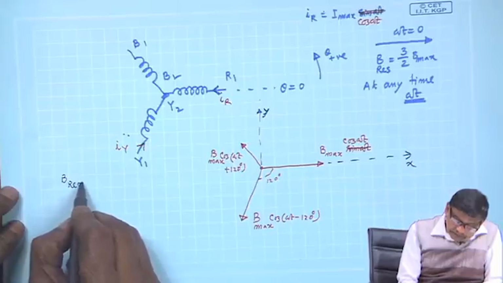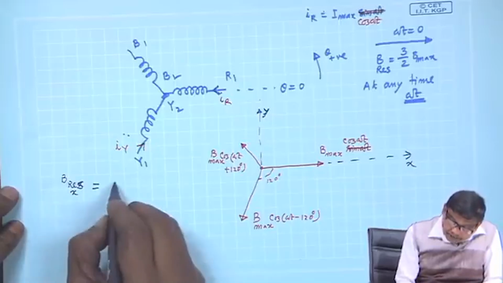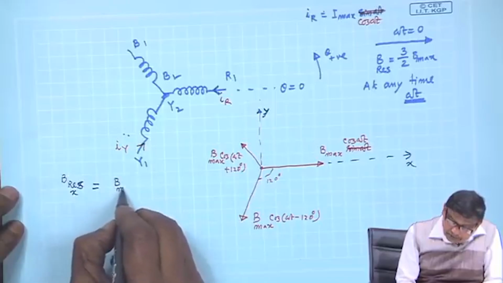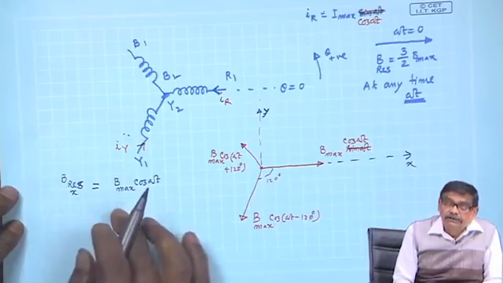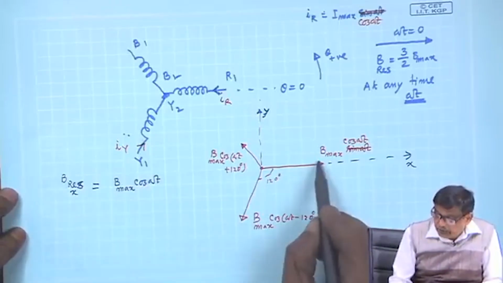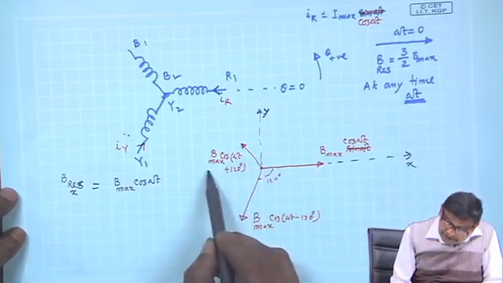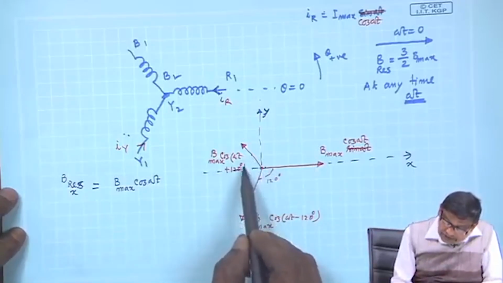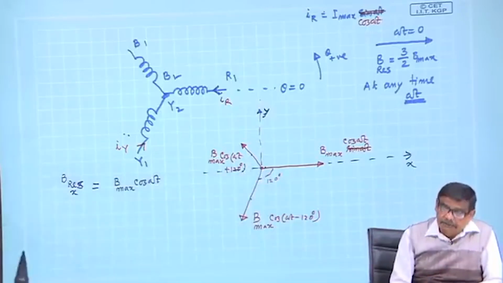So, let us calculate the B resultant x component. What will it be? It will be B max cosine omega t. This calculation you watch out carefully. B max cosine omega t is positive x, it is there. Then there are x components for this and for this vector, which are in the negative direction.